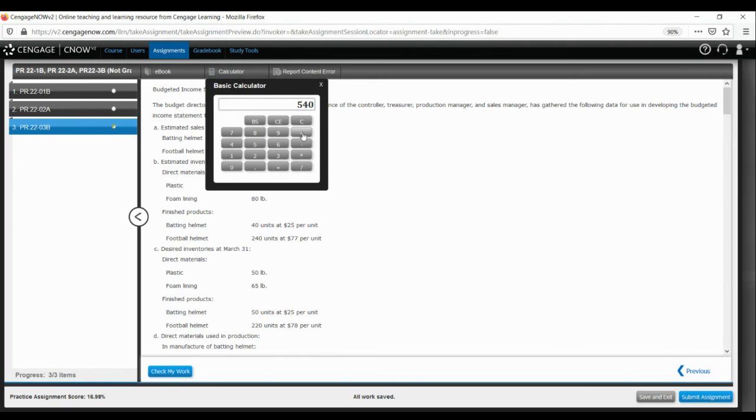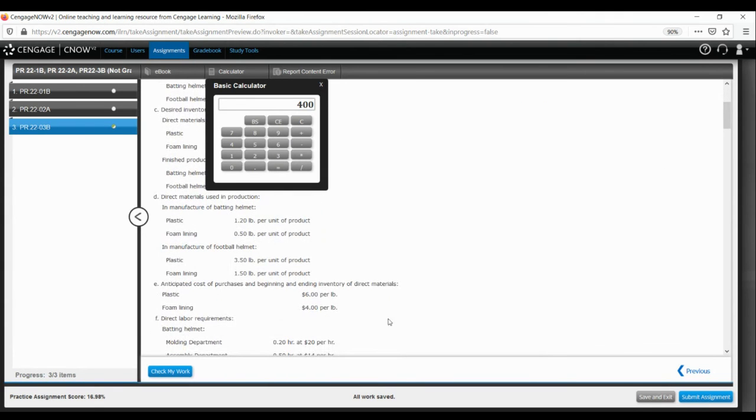So 80 pounds times $4 is going to be added back to that $540. 80 pounds times $5 is 400. Okay, and it's not $5, it is actually $4.